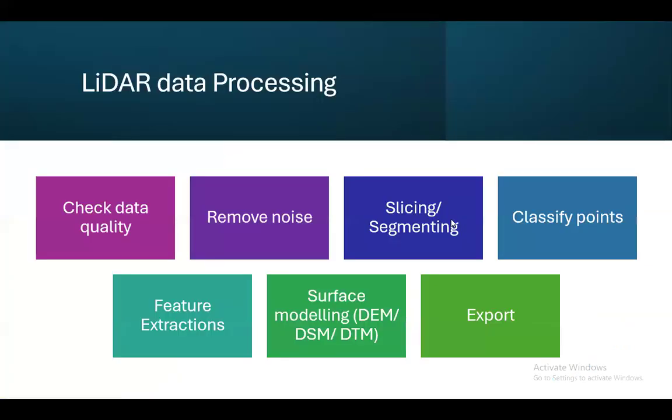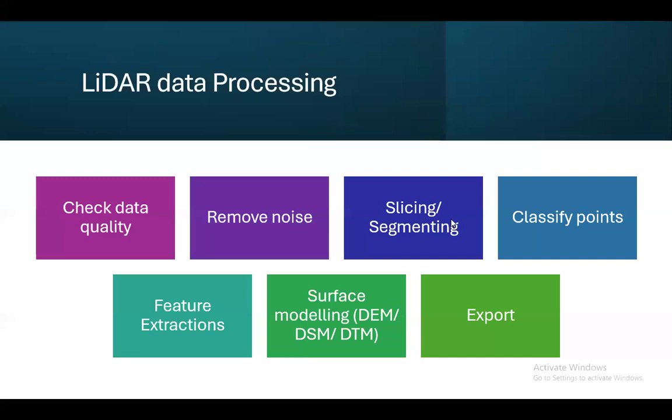So what is the processing? LiDAR data processing mostly has this workflow incorporated. First one is data quality check. Second one is removing the noise, extra unnecessary points. Then slicing and segmenting is really important, because I told you that LiDAR data is a really huge collection of points.